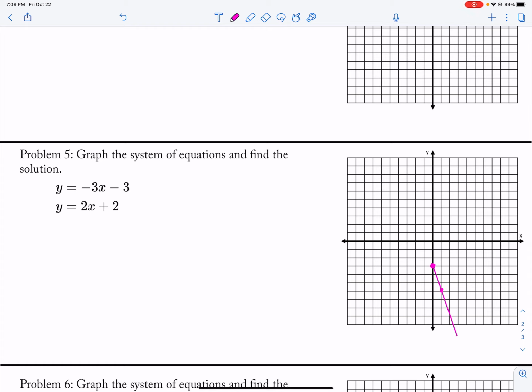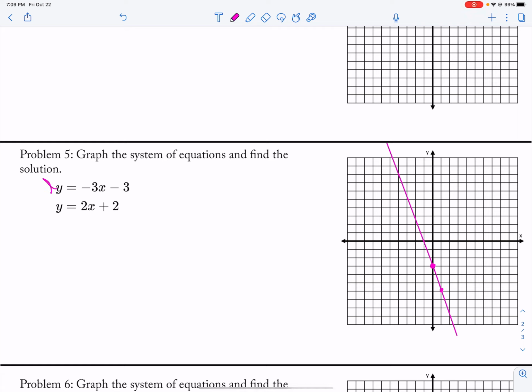Okay, so now I messed that one up too. If I hold down my pencil, it extends out correctly. All right, so there's that.